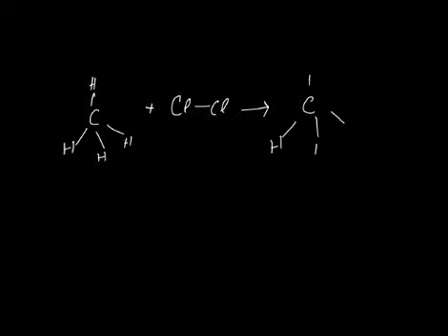This is the structure of CH4 methane plus Cl2 that is converted into CH3Cl, where Cl replaced a hydrogen, plus HCl. So on the left hand side, the reactant side, is CH4, and now Cl has replaced the position of hydrogen.